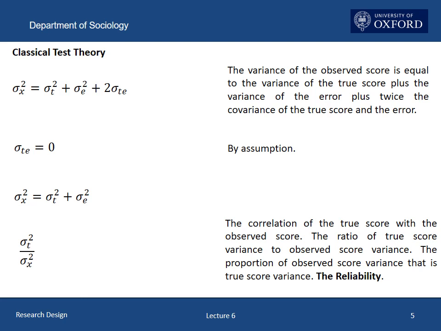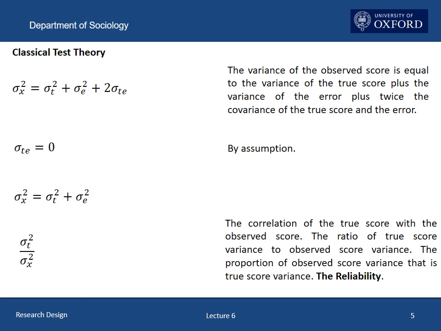The variance of the observed score can be written as the sum of three terms: the variance of the true score, the variance of the error, and twice the covariance of the true score and the error. But we have already assumed that the latter term is equal to 0, so we can remove it from the equation.